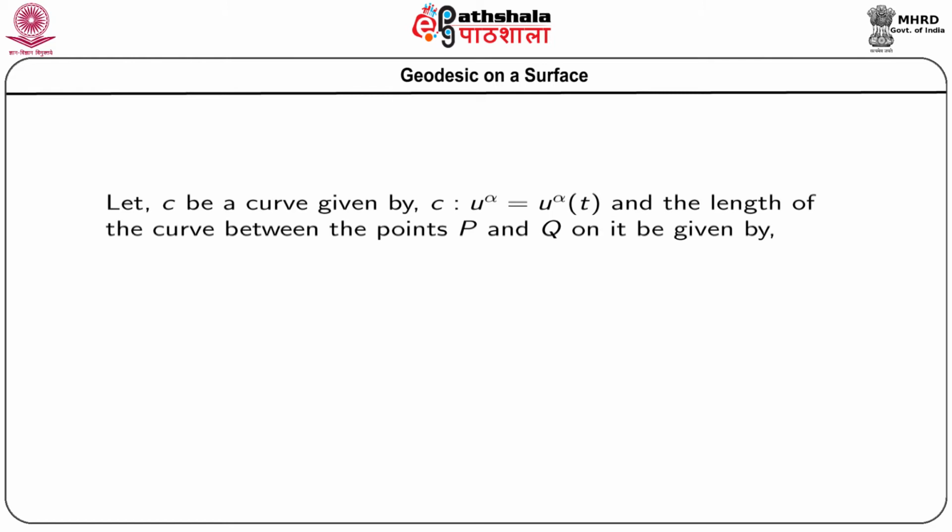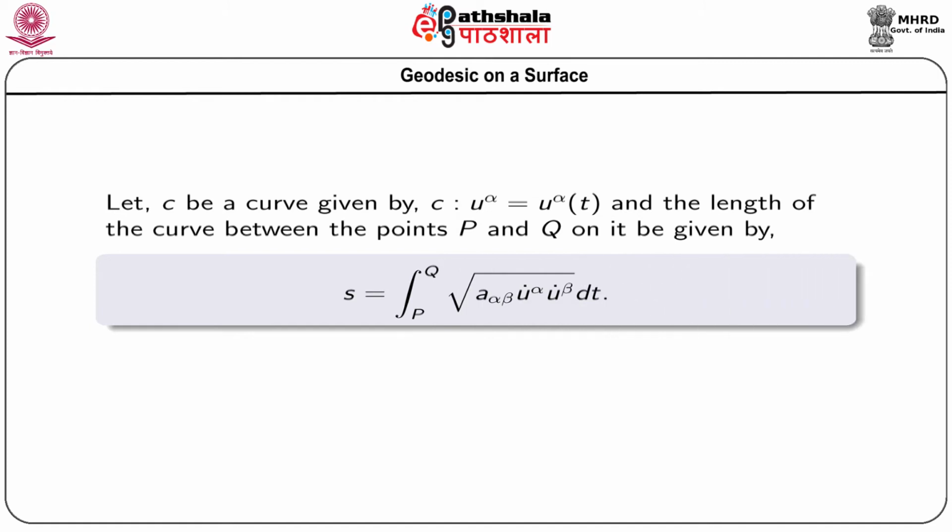So, u^1(t) and u^2(t) is a curve on the surface, and the length of the curve between the points P and Q on it will be given by S equals the integral from P to Q of root over a_αβ u̇^α u̇^β dt. This expression we have obtained earlier. This is the formula for arc length on a surface.